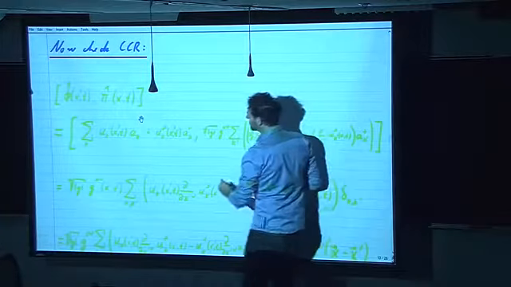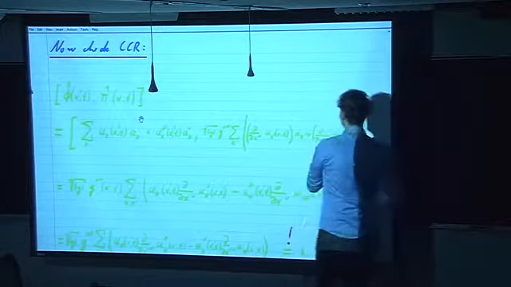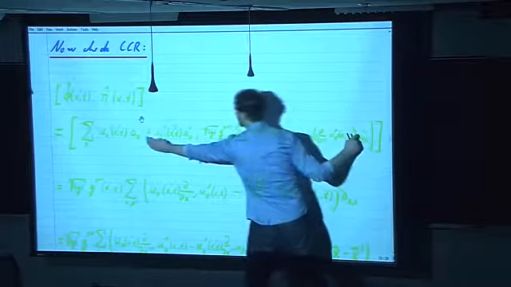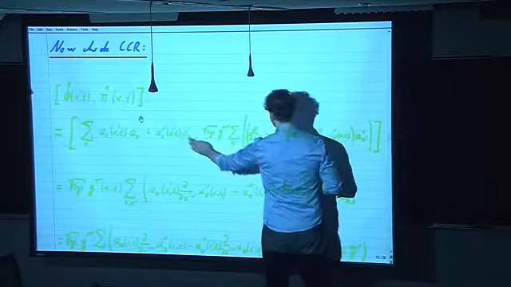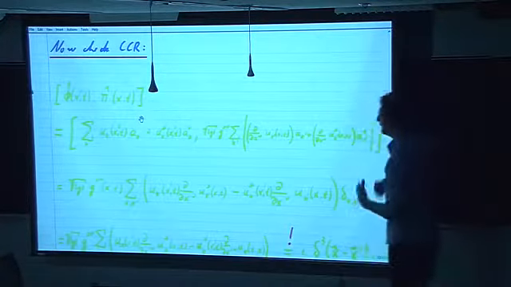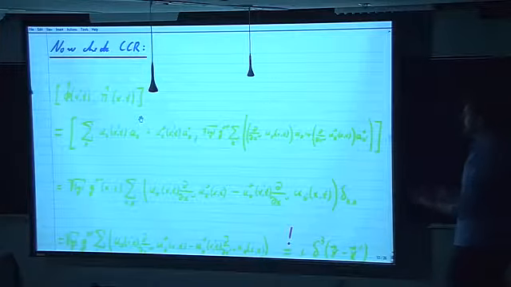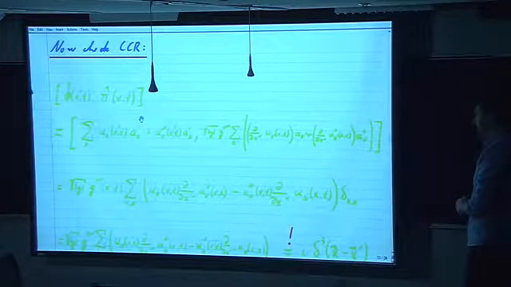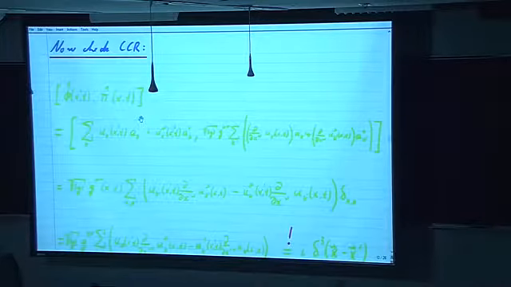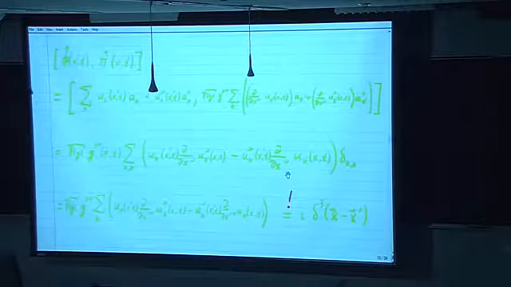We only get contributions when A commutes with A dagger, so these two will give us a term, and also the A dagger with the A. The A commutes with the A, and the A dagger commutes with the A dagger. So what we get is two terms.